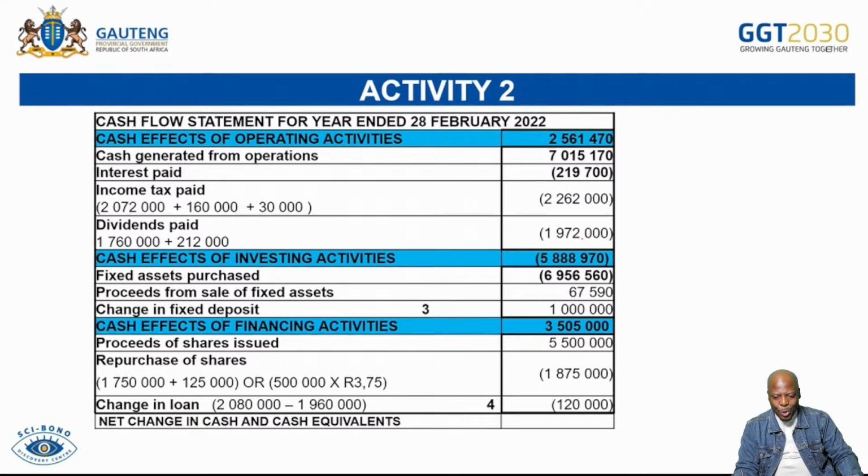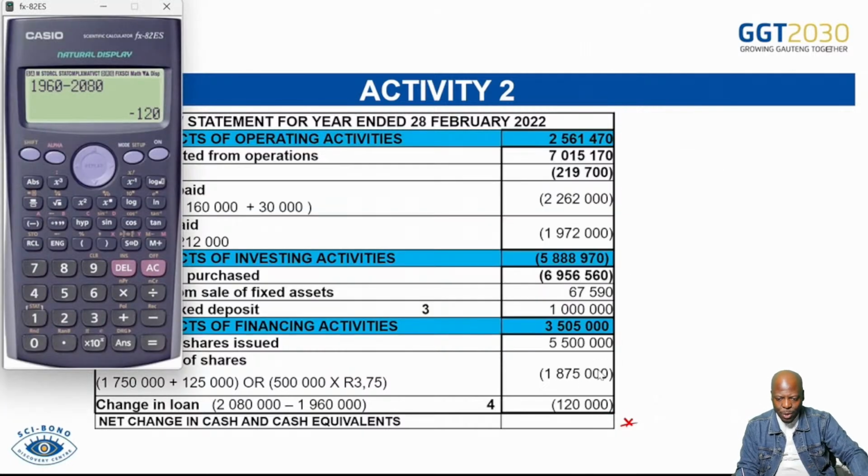And then we come to the complete cash flow statement. And what we want to get is the net change in cash and cash equivalents. And to get that, let's see if we can do that together. So I'm going to take the cash effects from my operating activities, which is my 2,561,470.